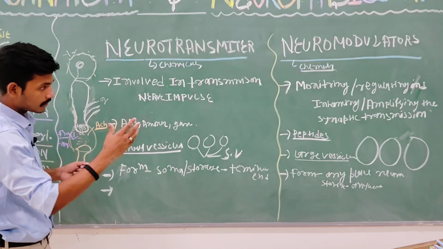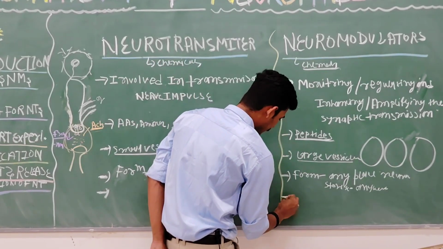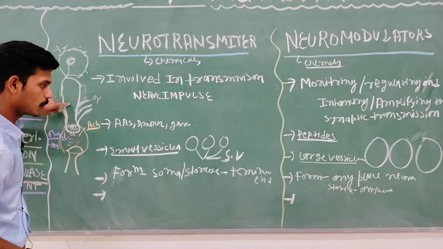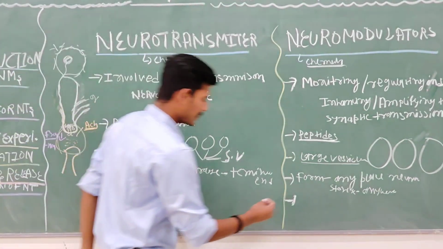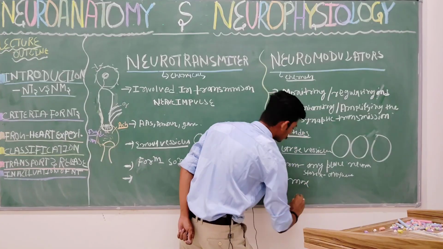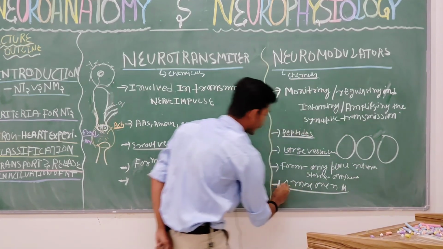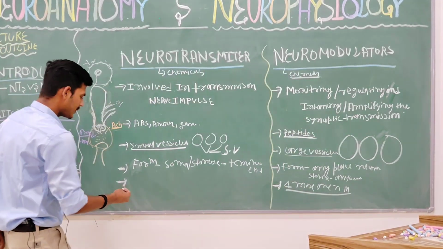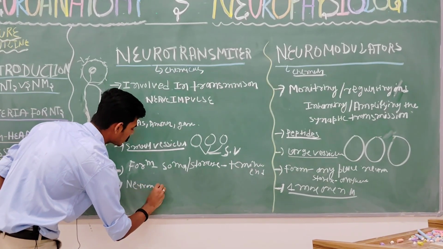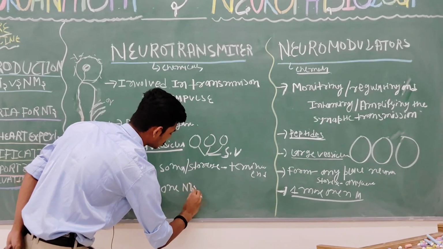But the neuromodulators, at the terminal end or anywhere they are stored, release one or more than one neuromodulator. Are you getting my points? But generally, neurons are specific. They release one kind of neurotransmitter.